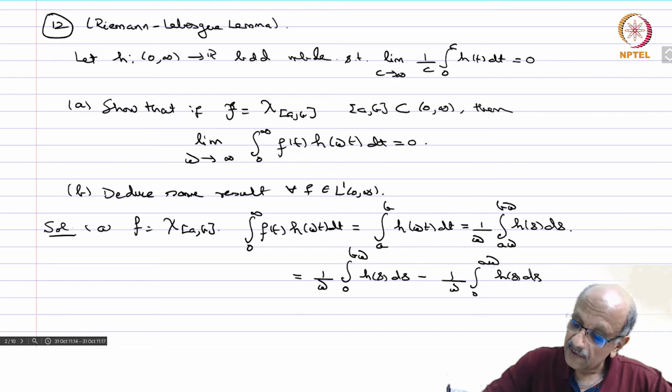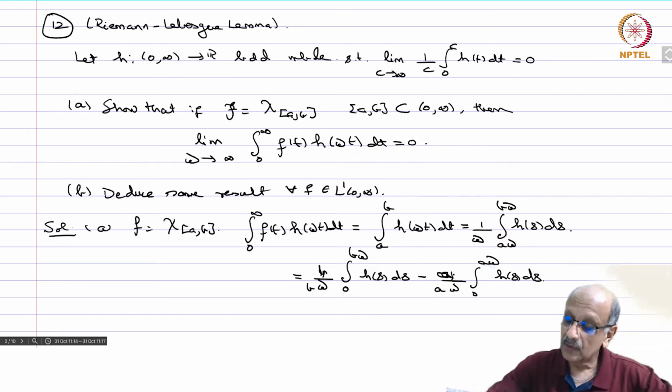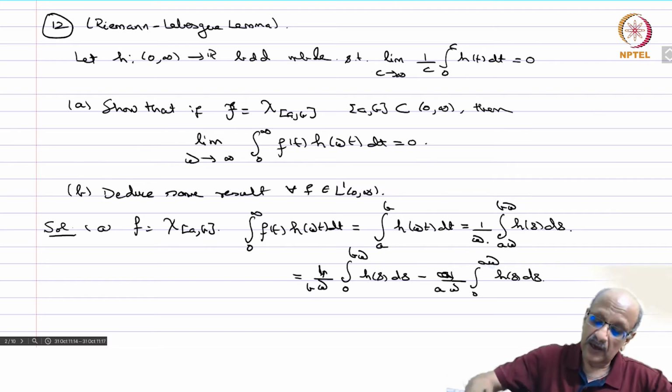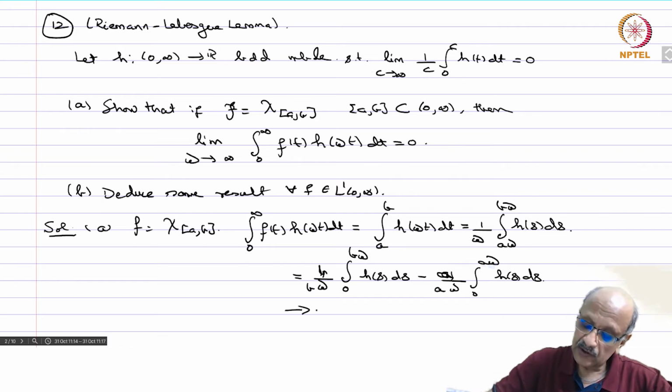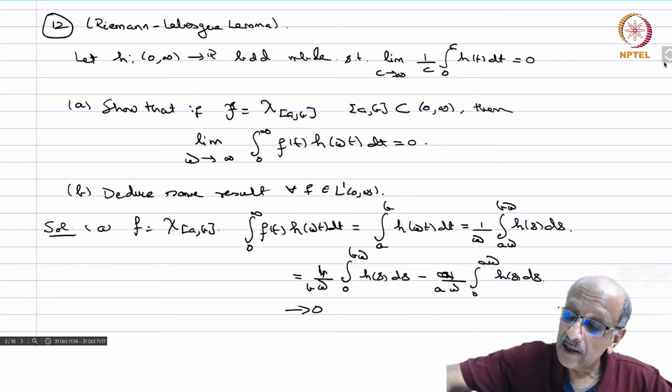So I can put b omega here and a omega here. This gives you the average, and as omega tends to infinity, a omega and b omega tend to infinity. So each term tends to 0 by the given hypothesis, and therefore this goes to 0. So that proves part A.